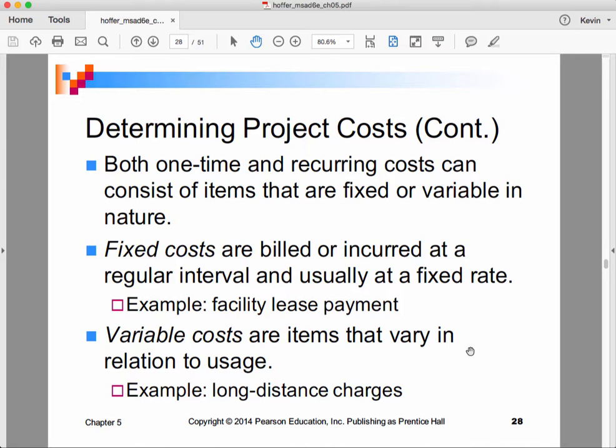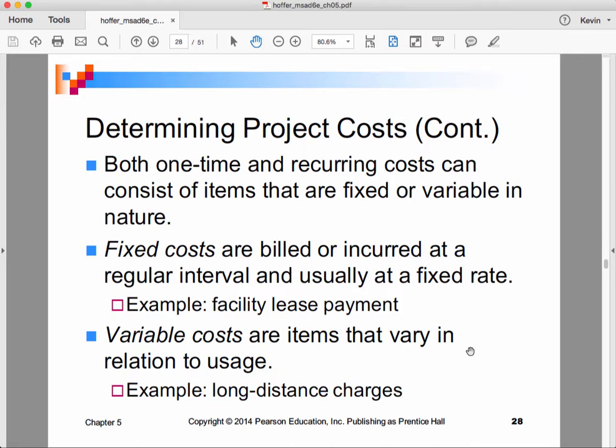So what kind of things are we going to look at? Well, we said we're going to look at one-time costs and recurring costs. We also have a distinction between fixed costs and variable costs.